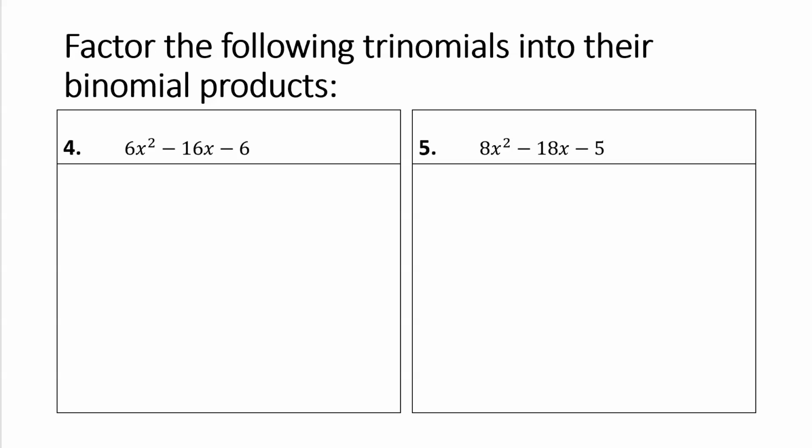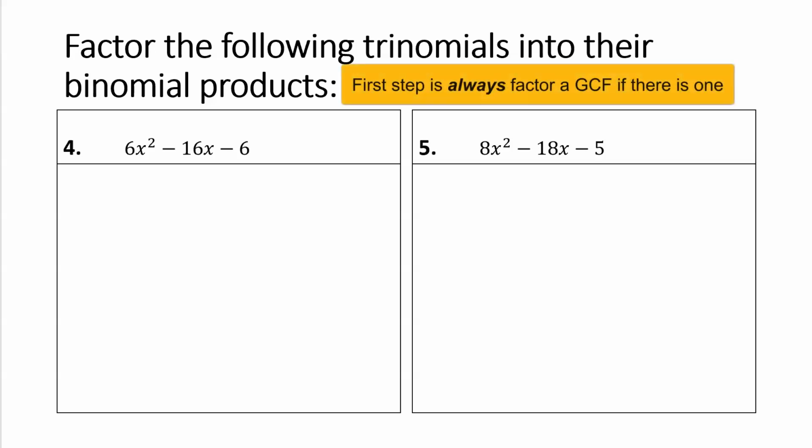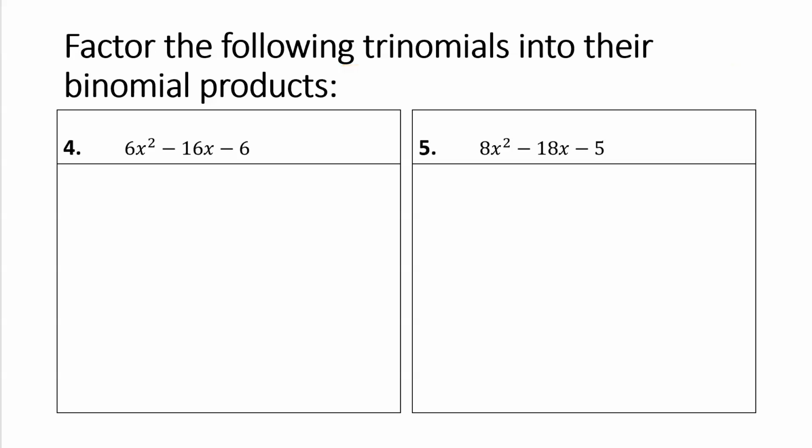So for example 4 there, 6x squared minus 16x minus 6, before we just jump into it, remember that with any factoring, the first step is to factor out a greatest common factor if there is one. And for number 4, there is, because 6, 16, and 6 are all divisible by 2. So the greatest common factor equals 2.